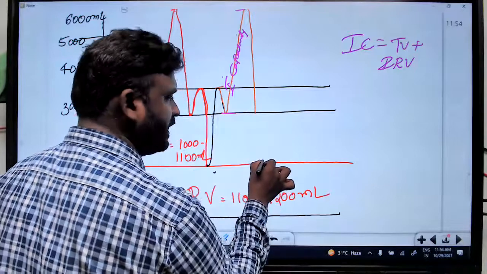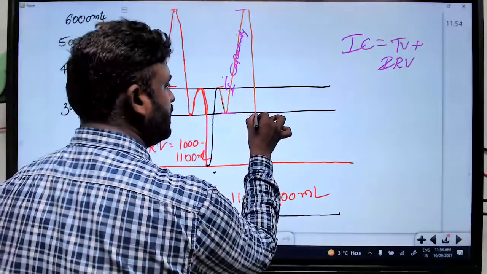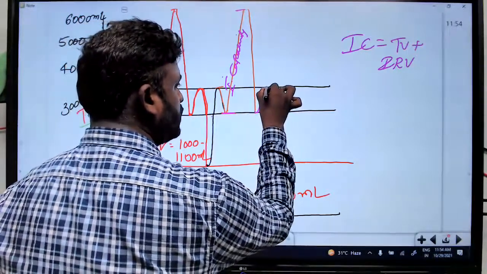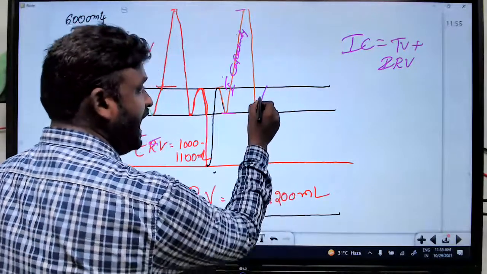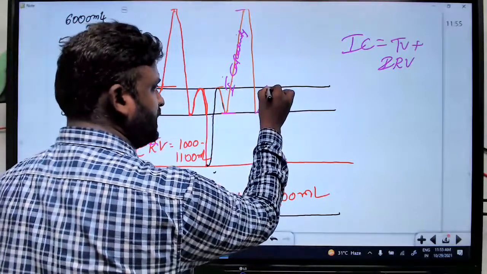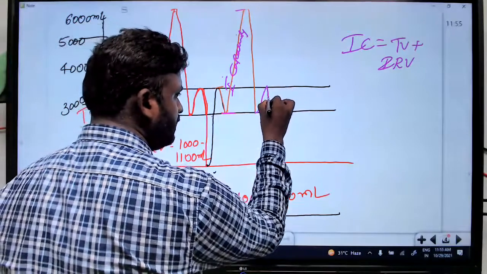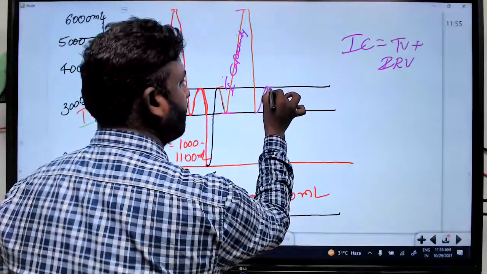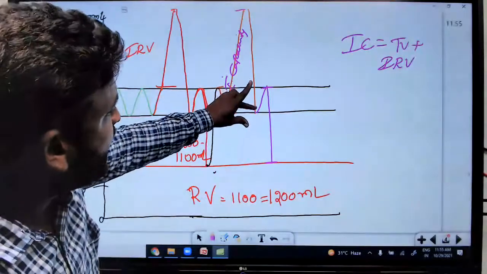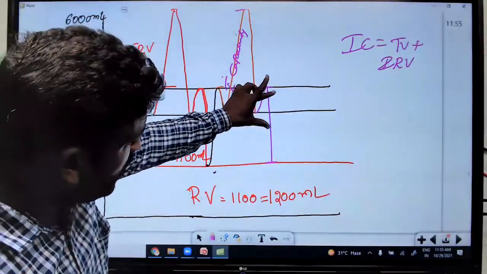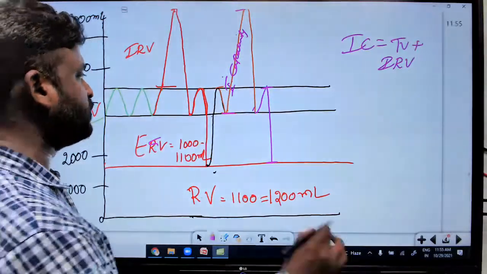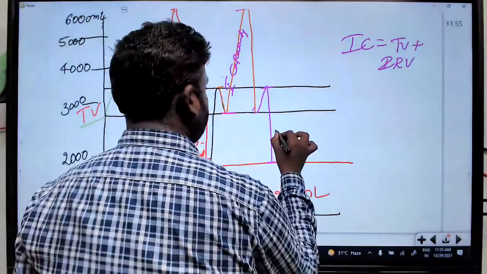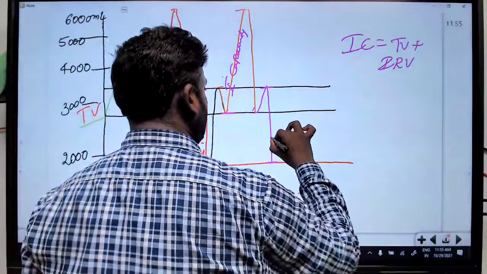It's about normal inspiration, and now you have to do forceful expiration, from here to here. After normal expiration, you have to do forcible expiration. That is expiratory capacity, EC.